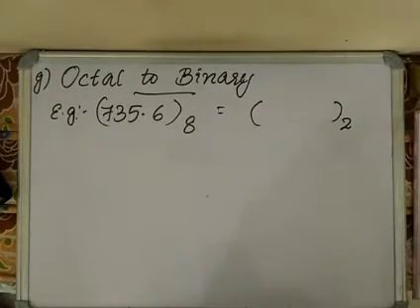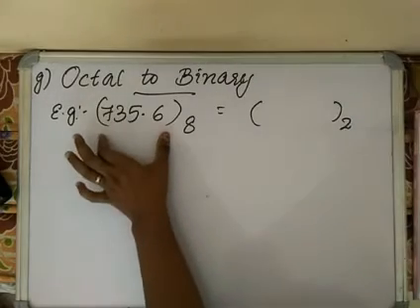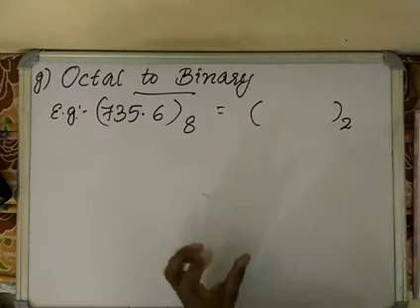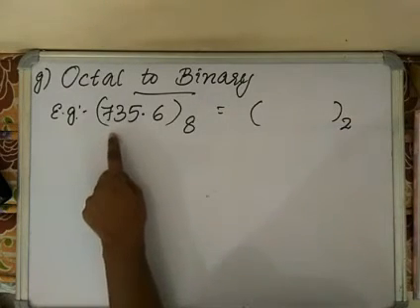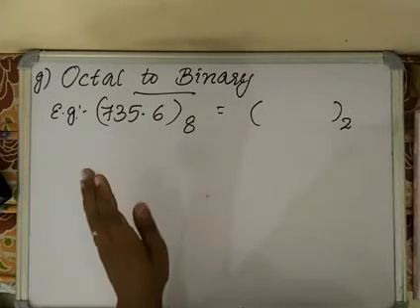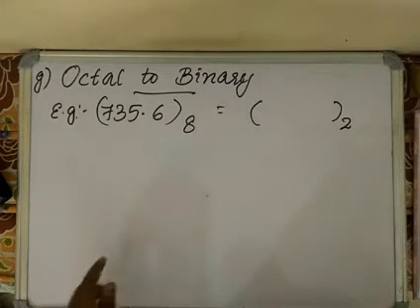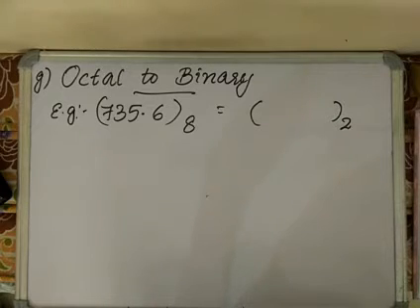Next is the octal to binary conversion. So here we have an input octal number. We have to convert it into its equivalent binary representation. And the procedure is, we know that every octal digit can be represented by a maximum of 3 bits. So by considering that, we find the 3 binary digits of each octal digit.